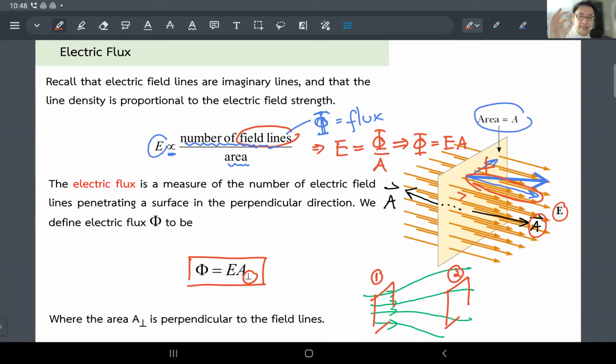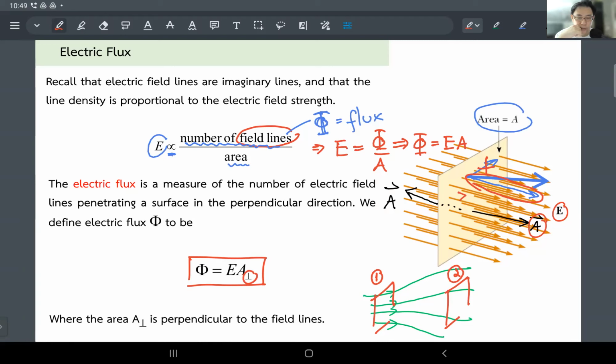Once you understand the A vector and what we mean by the flux that we want, we understand that we can get the flux by taking the E vector and the A vector pointing in the same direction. Having E and A pointing in the same direction guarantees that the E vector pierces through that area A in a perpendicular manner, just like we want.